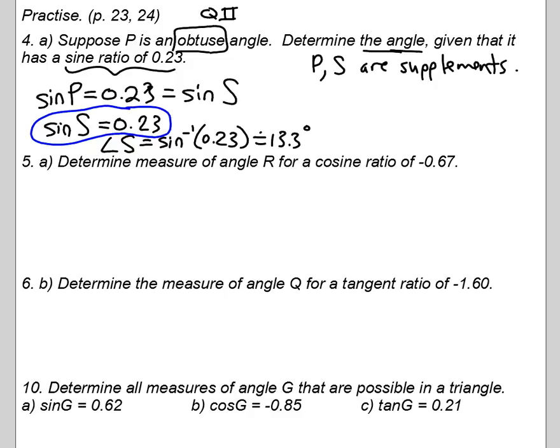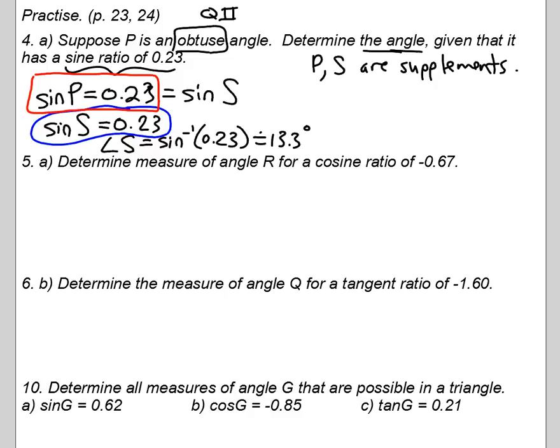Had we tried to solve this problem by assuming that, well, P is obtuse, so if I take the inverse sine of 0.23, I'm going to get my obtuse angle, we'll be fairly disappointed. And what you should take note of, the textbook describes this as well on page 22 in the margin, is that your calculator will always return an acute angle when you evaluate the inverse operation.